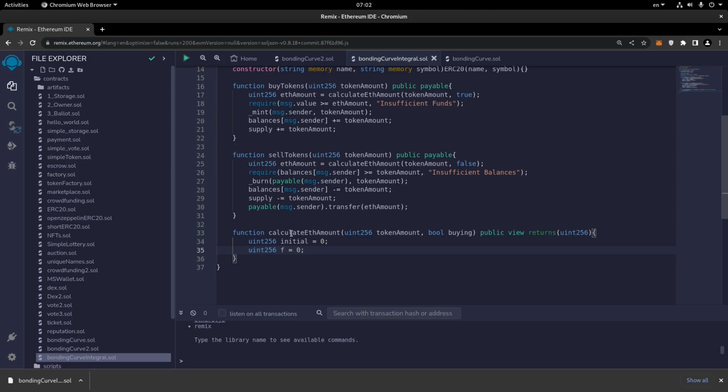Whenever you want to calculate an integral from one number to the other, you will need to have an initial value up to a final value. So you calculate the formula of the integral for both of them, and then we will subtract the initial value from the final value. Imagine that we have a curvature, for example a parabolic curvature. We want to calculate the area under that curvature from the initial value to the final value, right?